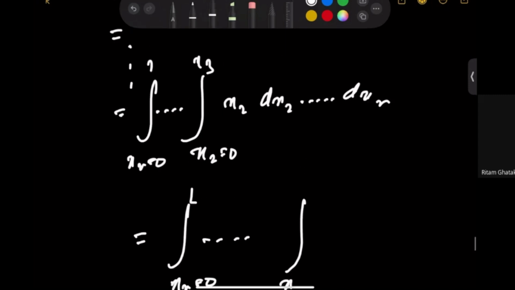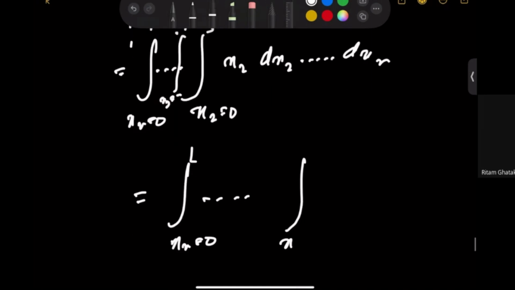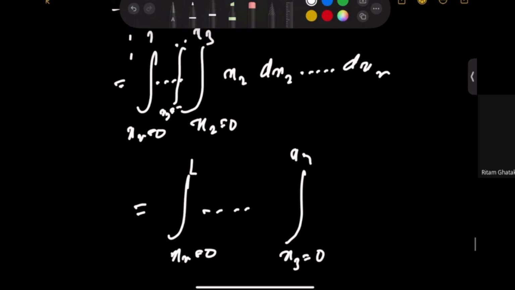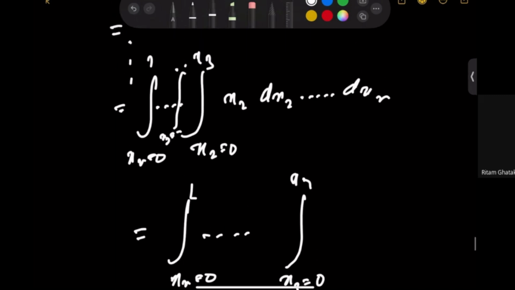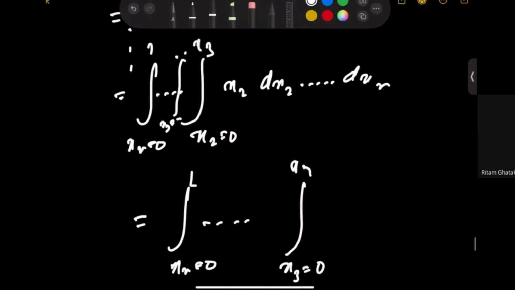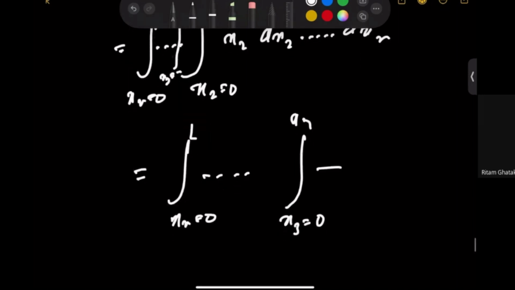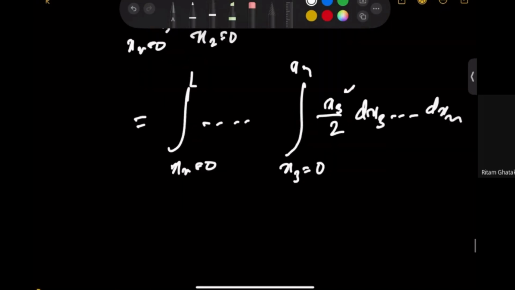There is one x3 also, with x3 from 0 to x4. Then x3 square by 2 dx3 dxn. I'll pull out this 1 by 2.